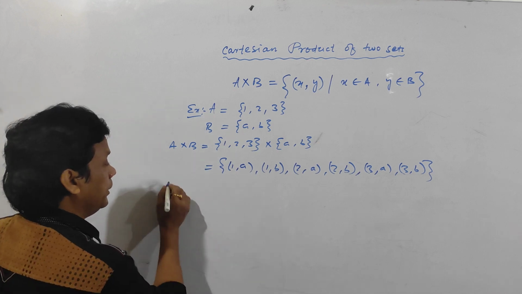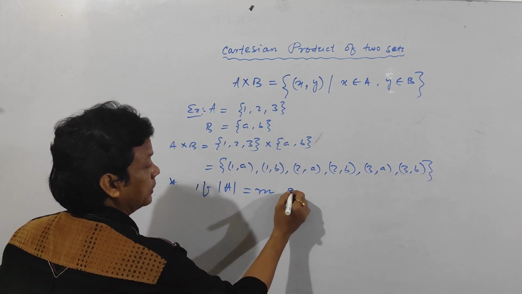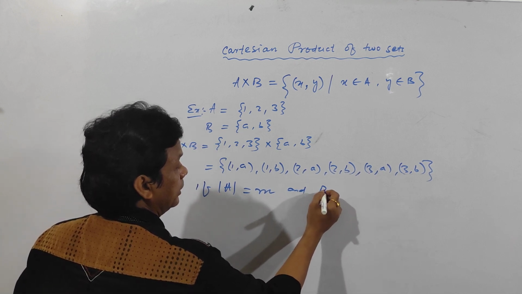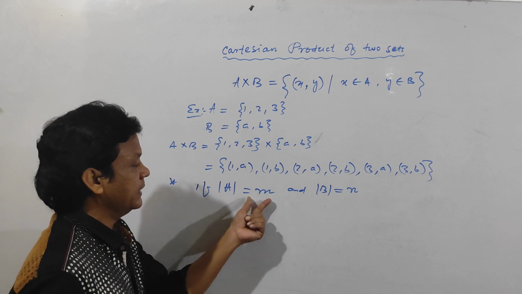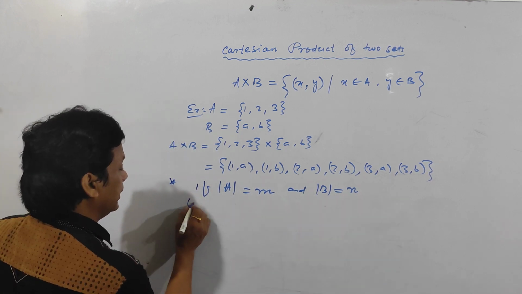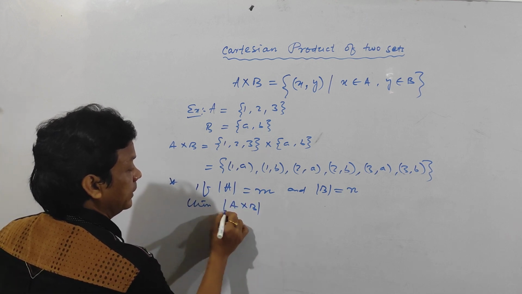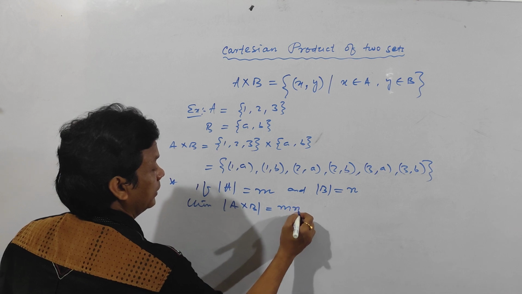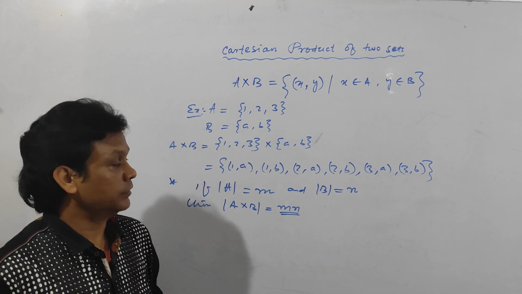That means if the cardinality of A is equal to m and the cardinality of B is equal to n, cardinality meaning number of elements, so the number of elements in set A is m and the number of elements in set B is n, then the number of elements in A cross B is equal to m into n. Clear?